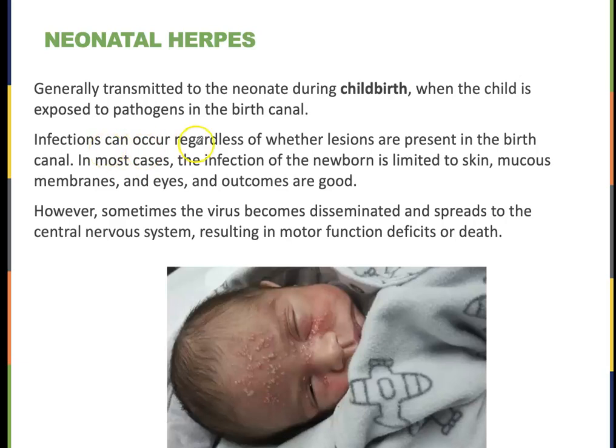So infections can occur whether lesions are there or not. And in most cases, it's limited to the skin, the mucous membranes, and eyes, and outcomes are relatively good. There's always a chance it can reach the central nervous system, and that's really bad for the baby, resulting in motor function deficits or death.